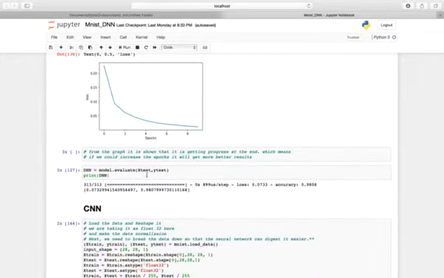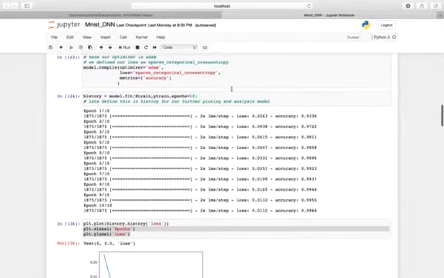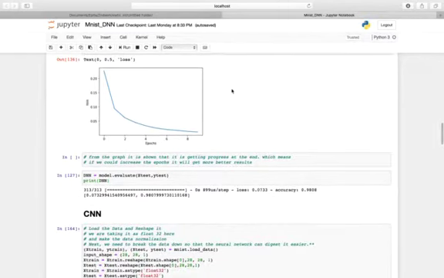It gave the prediction evaluation value of our DNN model, which is the dense neural network model, with an accuracy of 98.07.